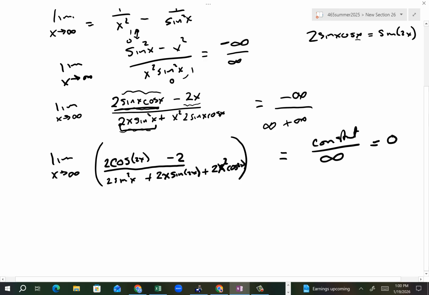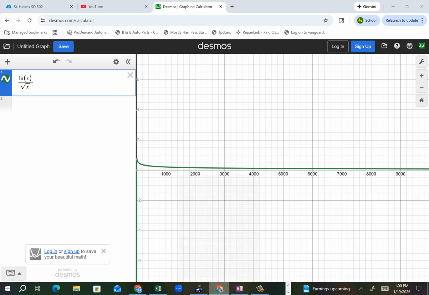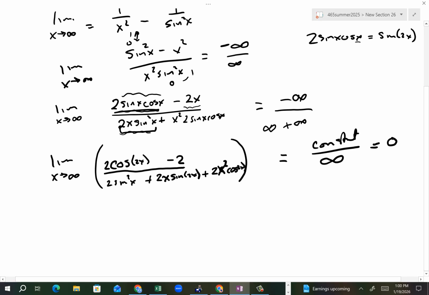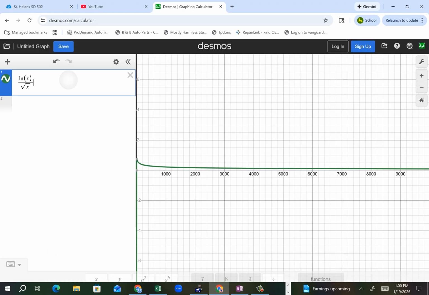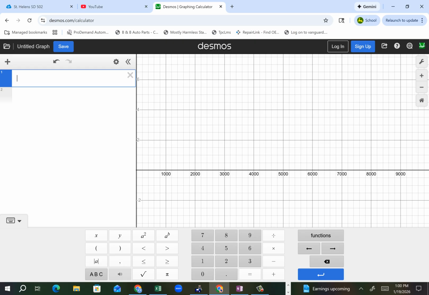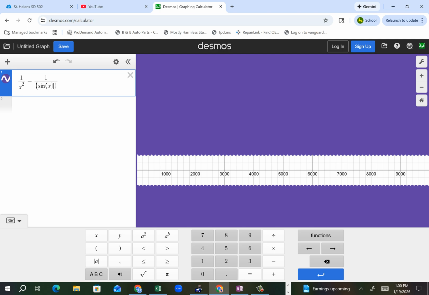Now let's see if we're right or not. What was the actual function? Oh yeah, it was 1 divided by x squared minus 1 divided by sine x. Oh geez.